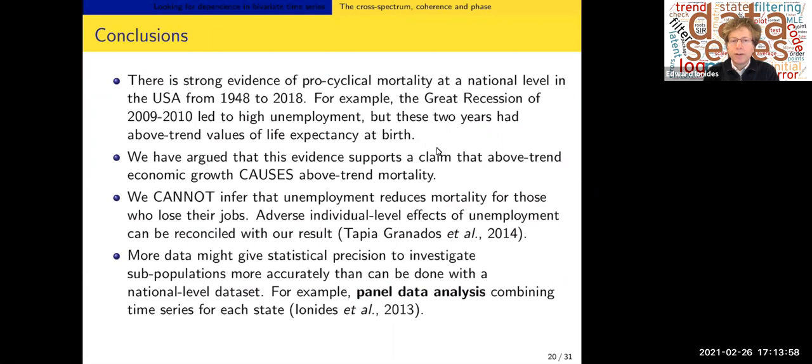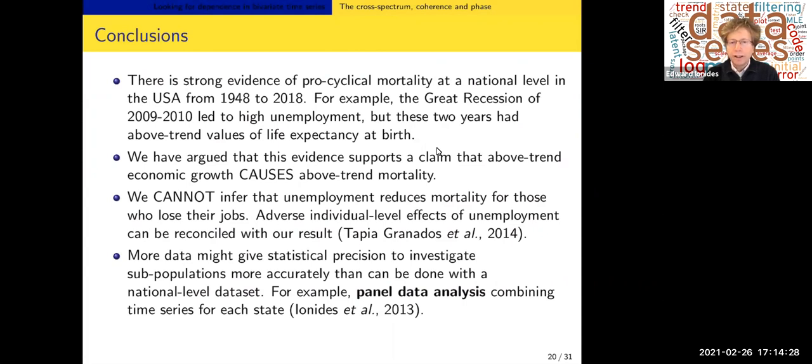We've argued that this evidence supports a claim that above trend economic growth causes above trend mortality. And that's because it can't be the other way around. We're not trying to say we know what the exact variable is, but it has to be something going on in the economy, I guess. What we can't do at this point is say exactly what that variable is.